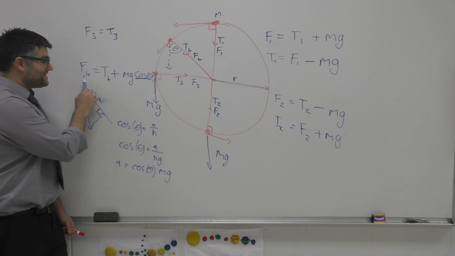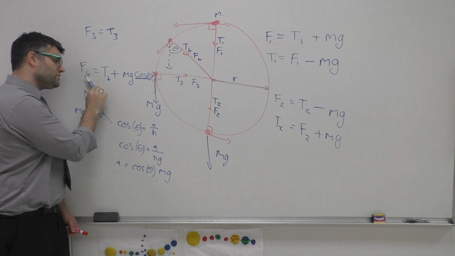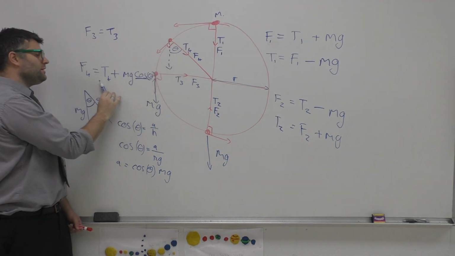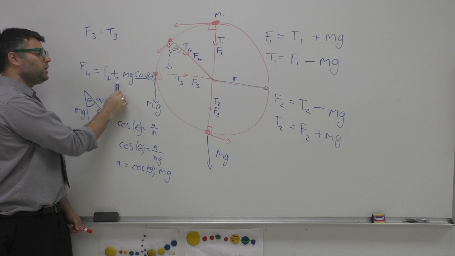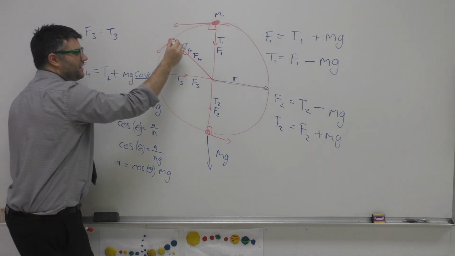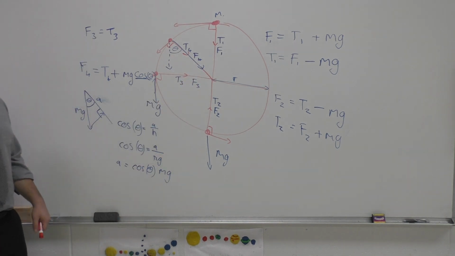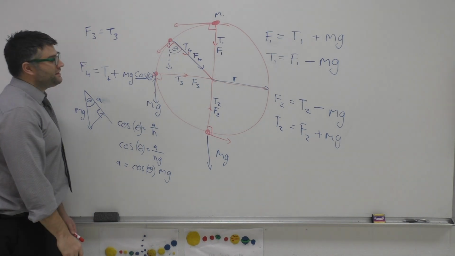So now we can put in our term mg cos theta. And we can quite nicely see here now, finally, that the centripetal force at this position is going to be equal to the tension plus the component of the weight that's acting in that direction. Making sure you can get that component correctly is going to make a big difference.